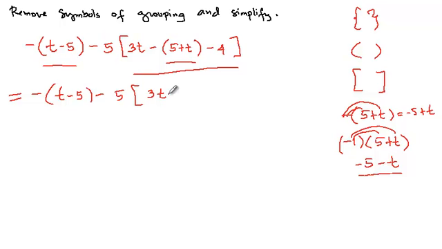So that's what you'll put here, negative 5 minus t minus 4. Okay? So the innermost parentheses are now gone.